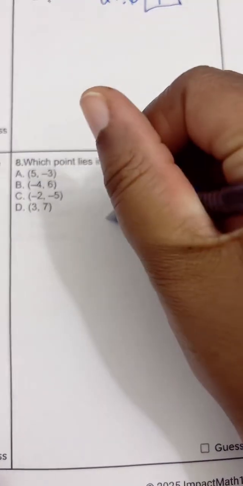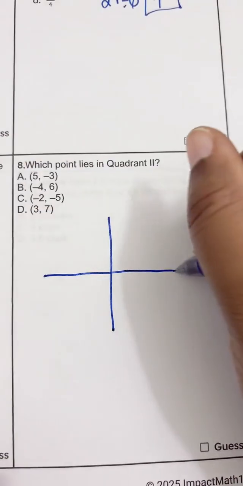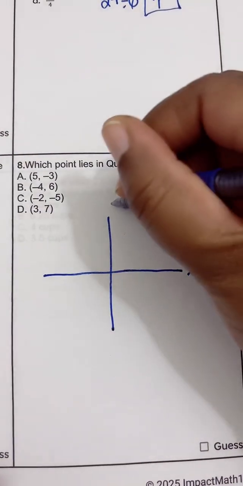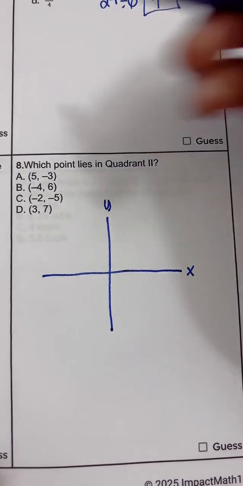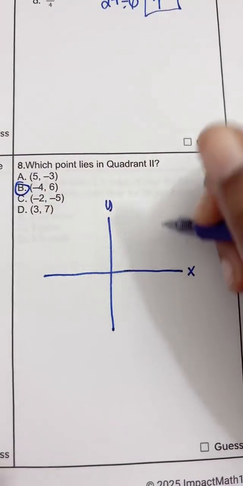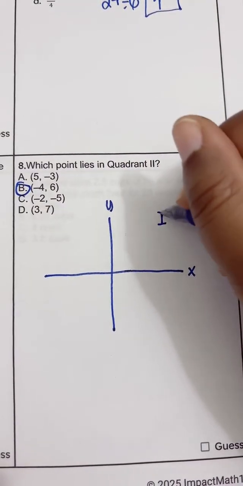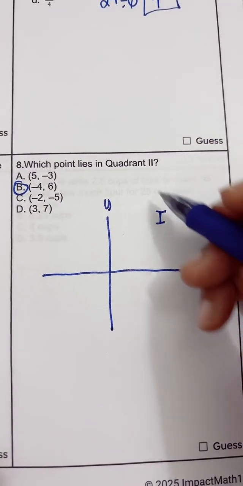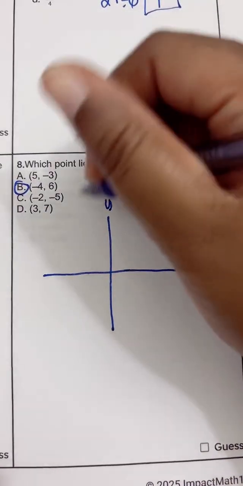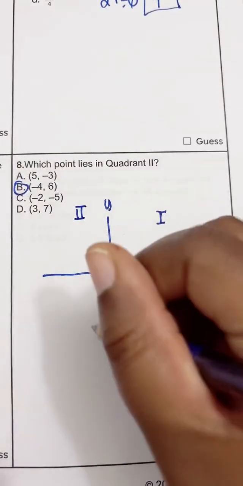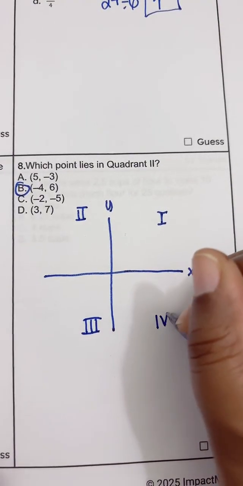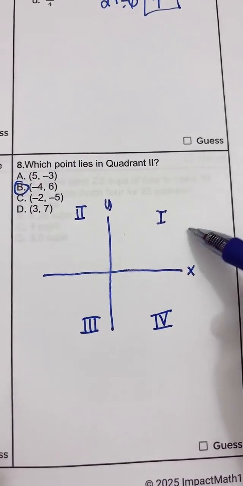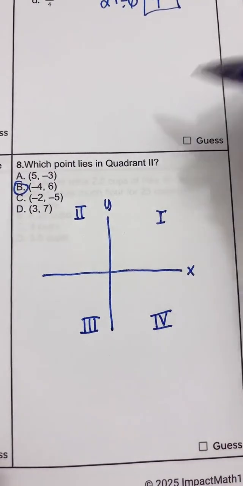Okay, so let's draw this out. Remember, this is our X, this is our Y. Okay, Michael said B as well. Okay, I'm going to circle it. Remember, this is quadrant 1. We go counterclockwise. This is quadrant 2. This is quadrant 3. And this is quadrant 4. Roman numerals. These are Roman numerals, okay?